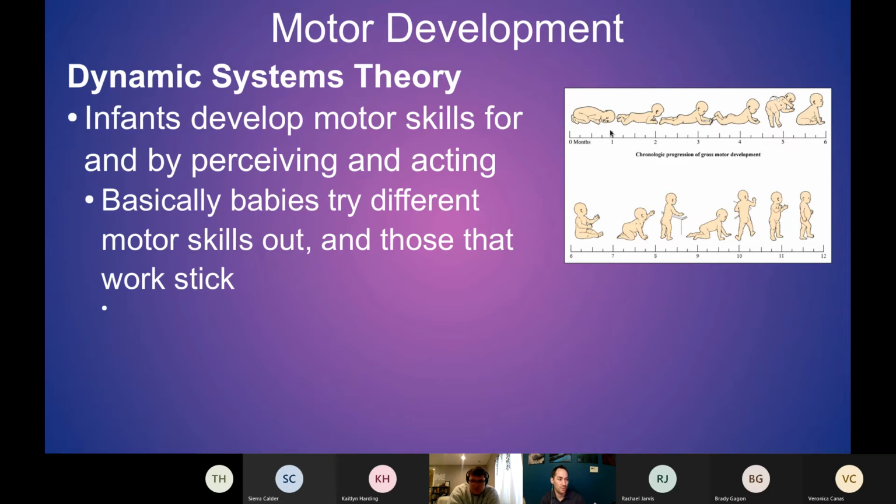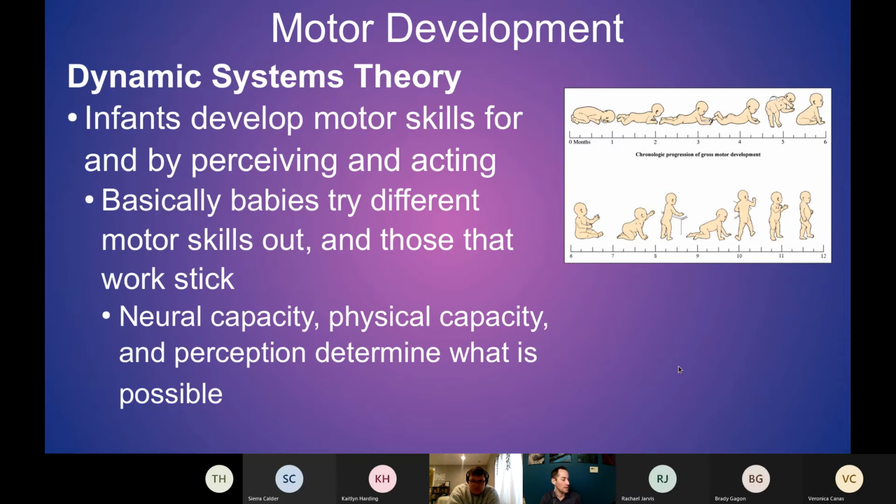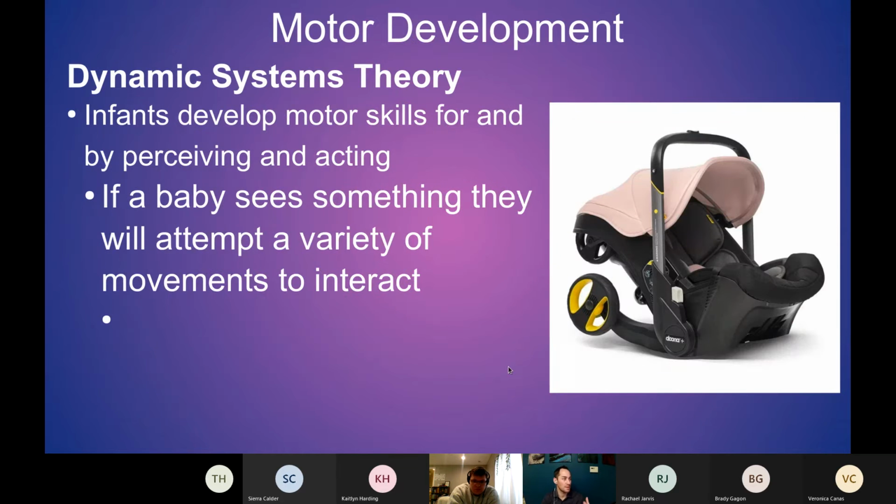So we're basically starting from scratch and building those skills as we do different things, is essentially what dynamic systems theory is saying. So you've got those neural capacities. You need the neural connections, the neurons, to be connected with each other to know how to move your hand to grab something. You need the physical muscles to be able to lift up a block. And you need the perception to be able to see that block. So all these systems working together lead to these things.